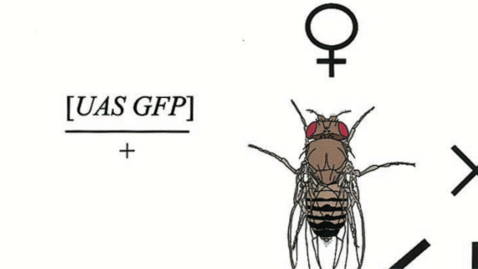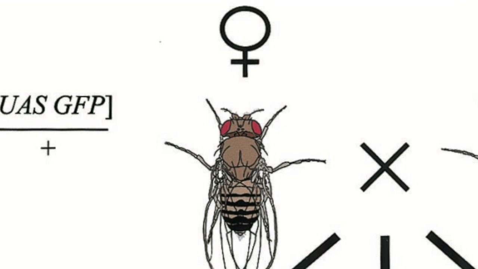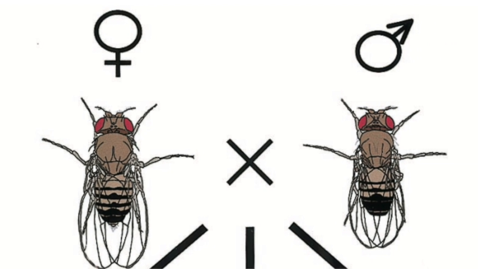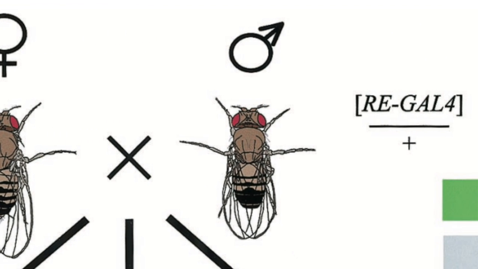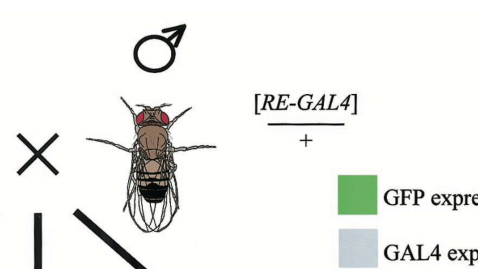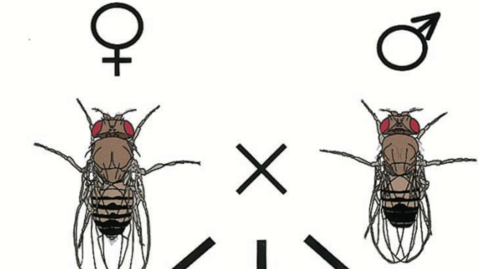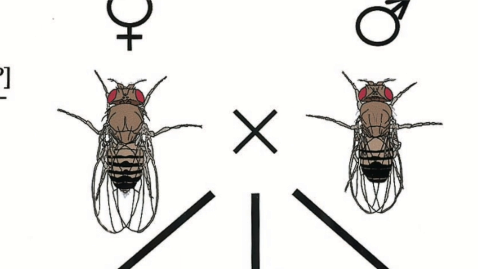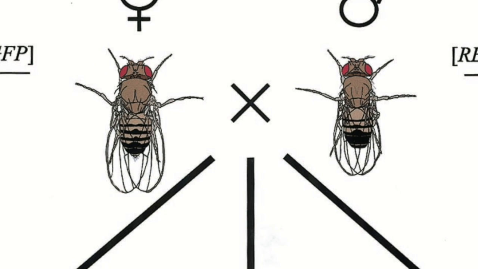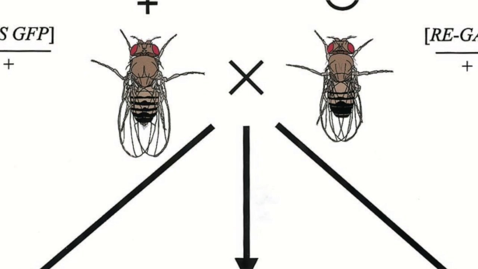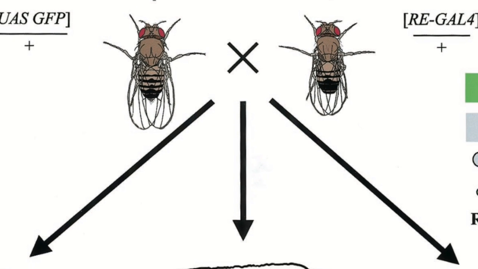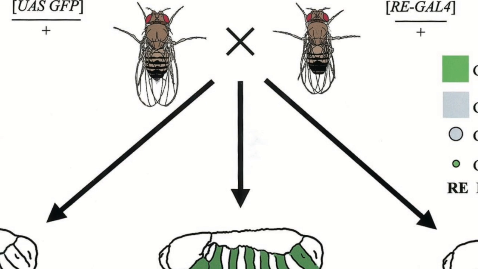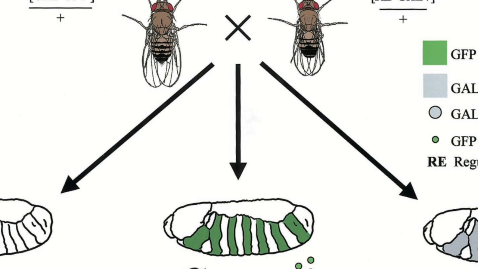The female fruit fly carries the UAS responder, as well as a green fluorescent protein, and the male fruit fly carries the Gal4 driver. Since the female responder lacks the Gal4, it does not express the gene of interest, which in this case is the GFP. Therefore, the male and female Drosophila are mated to activate transcription of the GFP.